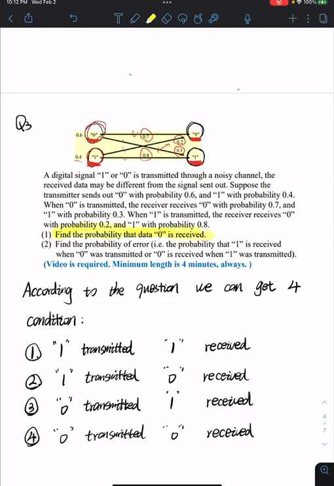Also, in the paragraph, we can see that the event that 0 is received contains two parts. The first is 1 transmitted, 0 received. The second is 0 transmitted and 0 received.